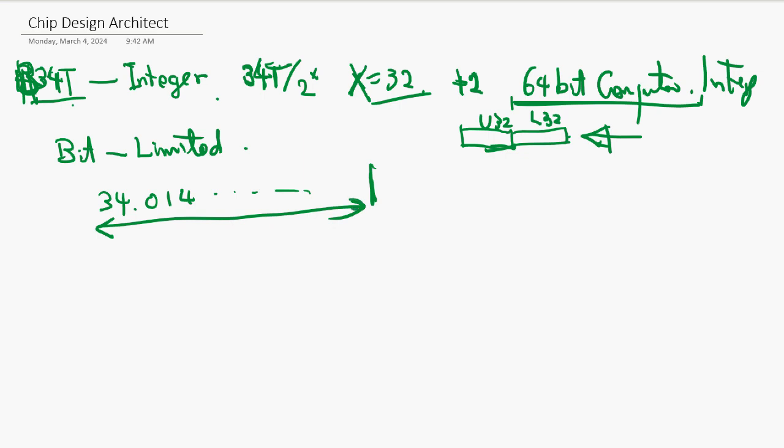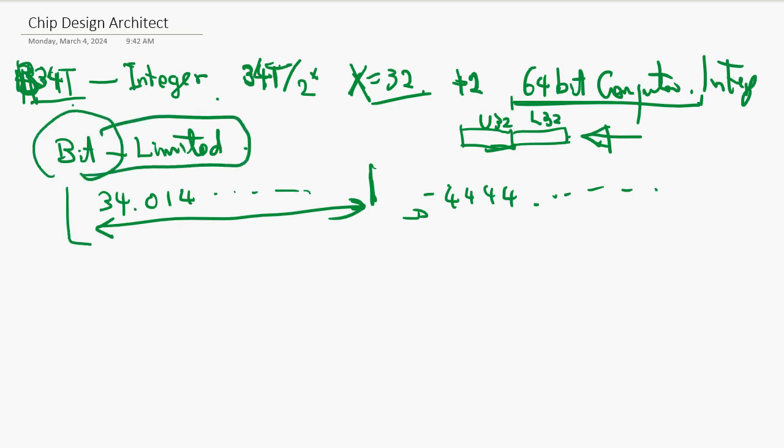That means you may have negative, quite large numbers like 4444 something, right? So the number of bits you have in a computer has to be spread across this kind of number, and that's the format we use: floating point format, floating point number. And what is a floating point number?